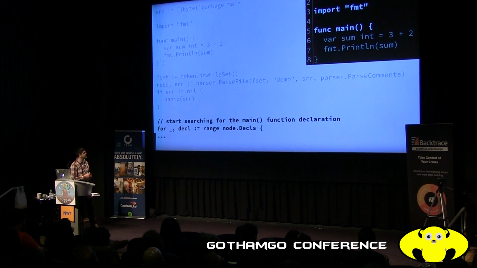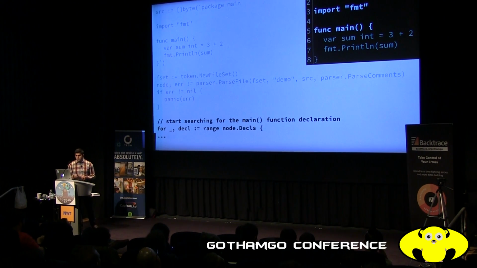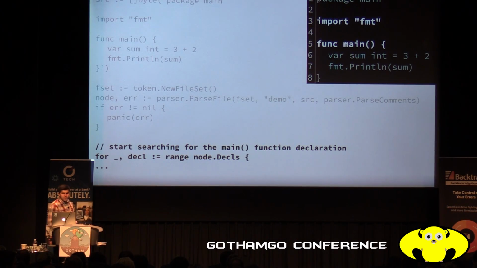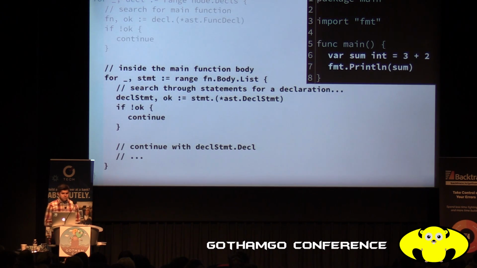Then I start to iterate over the top-level declarations. Here on the right side, I've shown you the top-level declarations, like the import declaration and function declaration. What I'm looking for is a function declaration, because I want to go inside the main function. Once I have the main function, I iterate over the body.